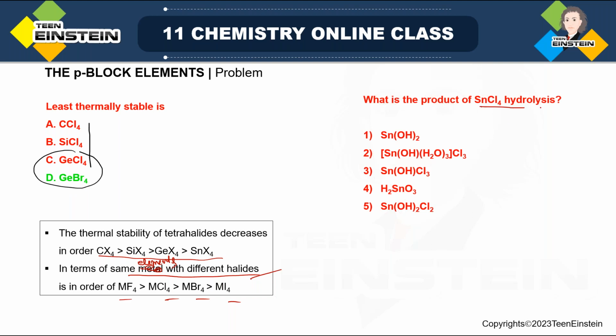What is the product of SnCl4 hydrolysis? Remember what we have seen in the slide of halides. SnCl4 when it reacts with water, basically 4 water, first there is formation of Sn(OH)4. Then there is removal of 1 water molecule.